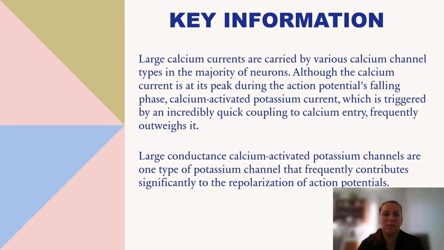Now let's move into some information on the calcium side of things. Most neurons have large calcium currents carried by multiple types of calcium channels. The calcium current is largest during the falling phase of the action potential, but is often outweighed by calcium-activated potassium current, activated by extremely rapid coupling to calcium entry.